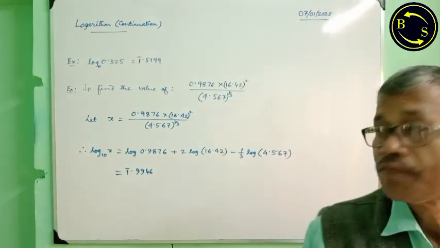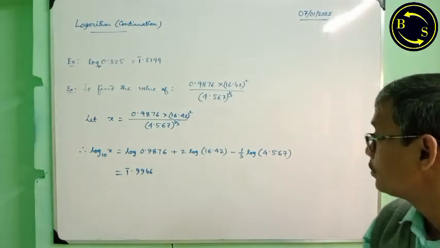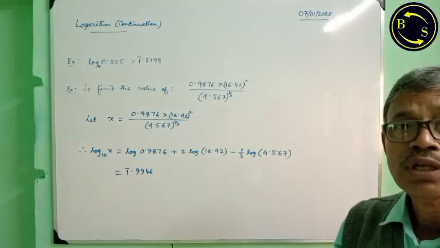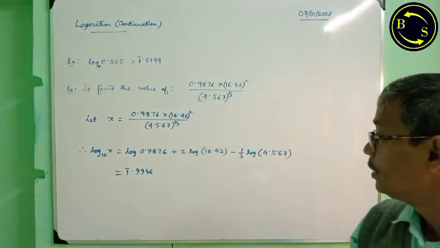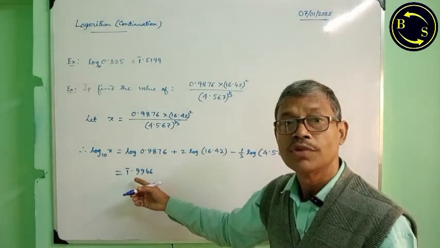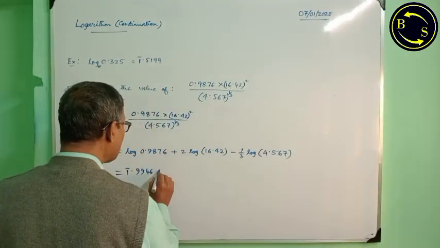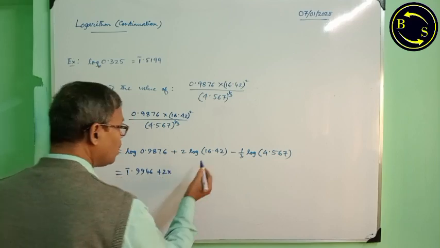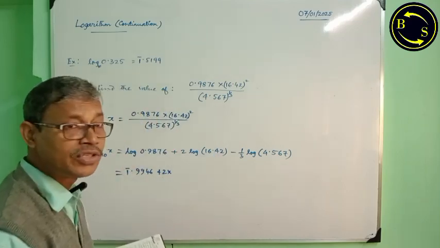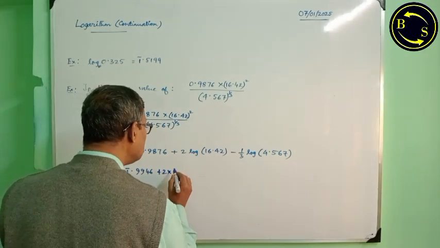Students of 11-12 standard are advised to follow the log table as well as the antilog table, and from that you get this number. Then plus 2 into, before the decimal point there is 16, that means the characteristic will be 1.